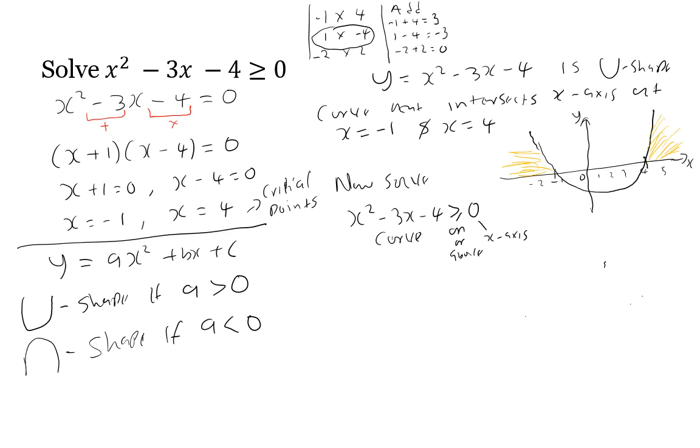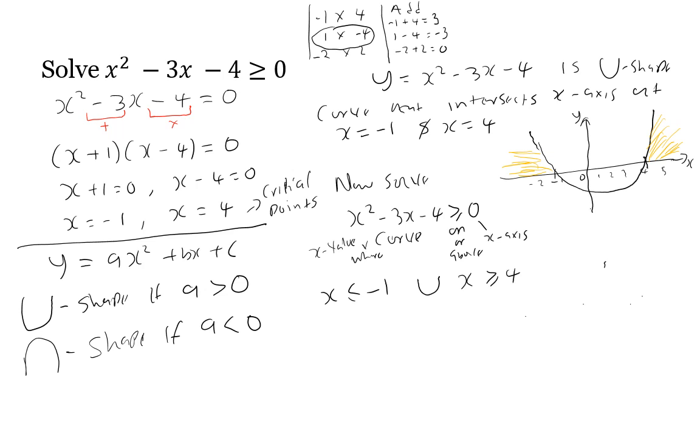So we want the x values where our curve is above. If you look at this side, the x values are where x is less than or equal to -1, all this shaded portion. So we have x less than or equal to -1, union, on this side x greater than or equal to 4.